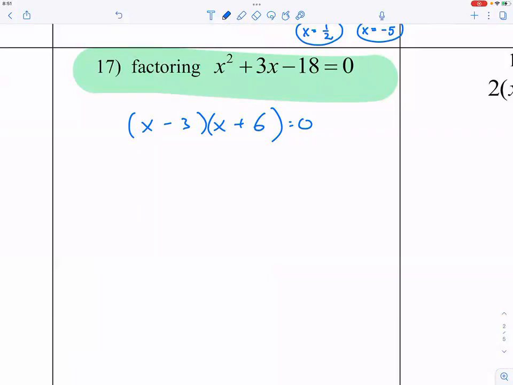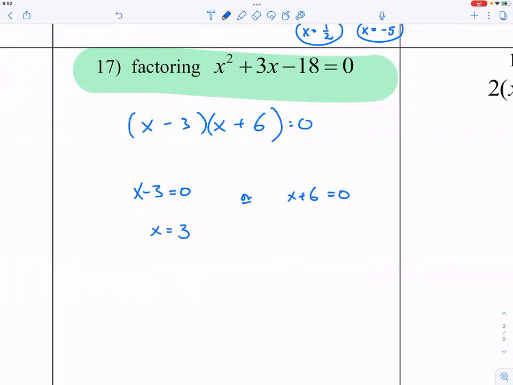So again, we try to solve for x. We want to make the statement true. We want to make the left hand side 0. How do we know that the left hand side will equal 0? Well, the left hand side will equal 0 when each parentheses is equal to 0.